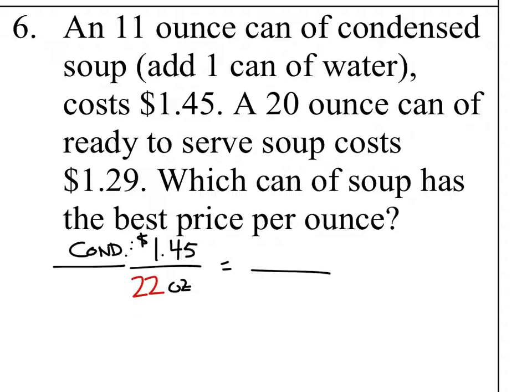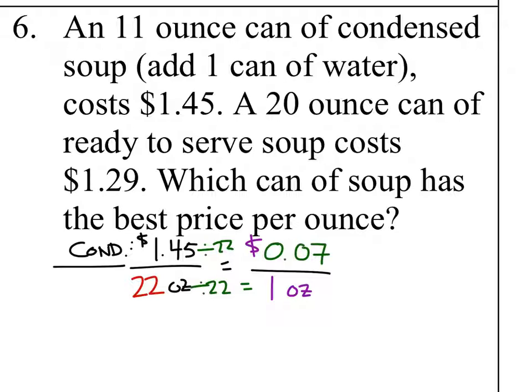So yeah, that is 22 ounces for $1.45. So what would this be in terms of dollars for 1 ounce? Well, we'll divide both these by 22, right? So $1.45 divided by 22, $0 and how many cents? So I rounded to the nearest penny right there.